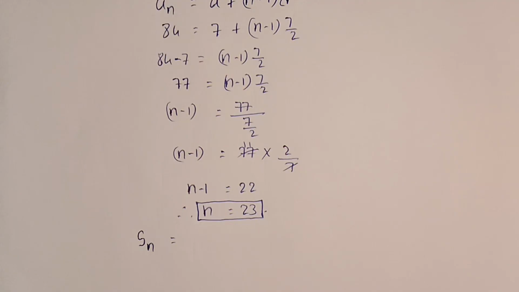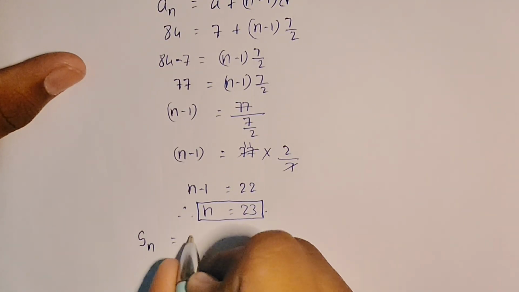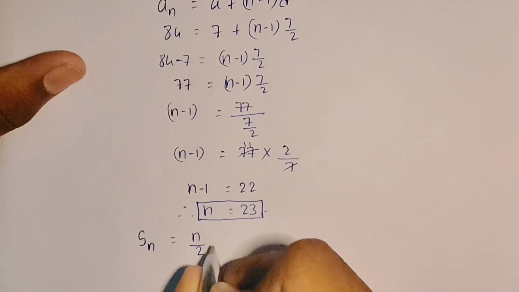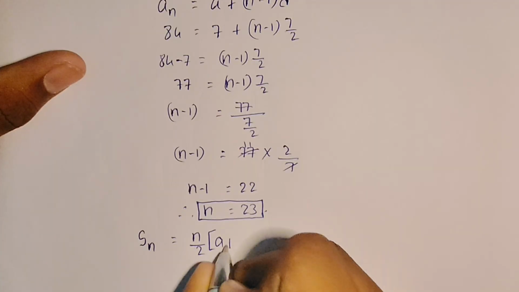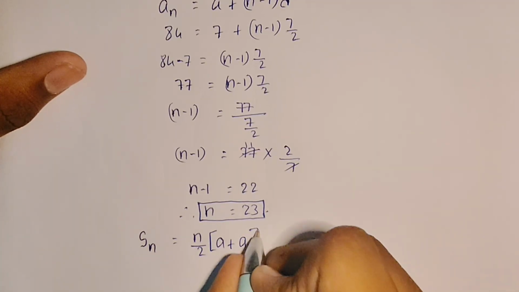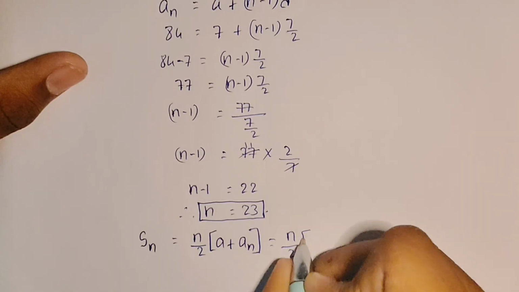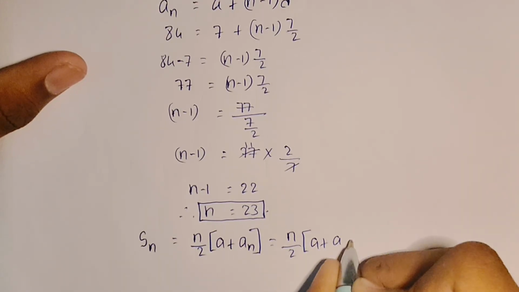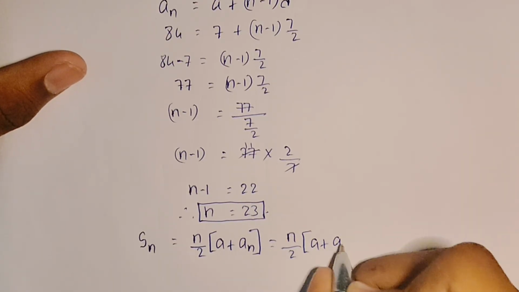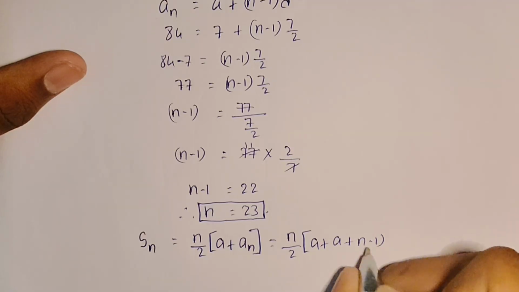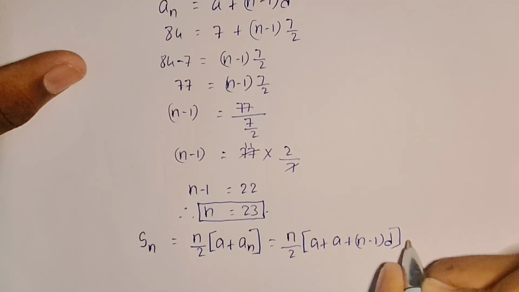S base n. We know the formula of S base n as n by 2 into a plus a base n. We know the formula of a base n, that is a plus n minus 1 into d. This is the formula of a base n.